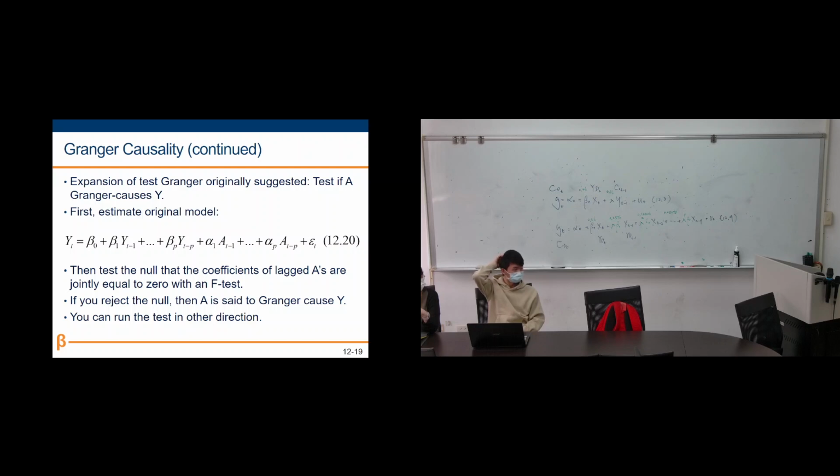Therefore, if you want to do forecasting, you can use this one as the cause, then forecast the other one. So this Granger causality is, most of the time, for forecasting. All right, I think we'll just stop here, and we'll continue next week.